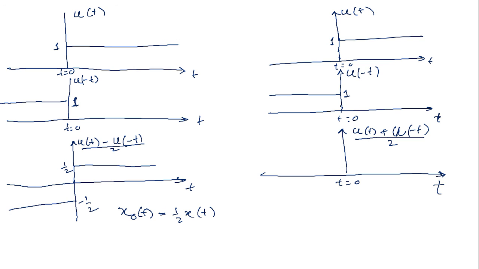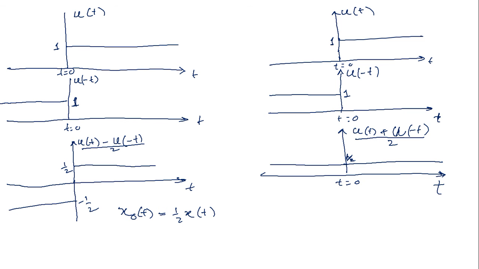Adding both and dividing by 2, 0 plus 1 is a half. Here also 0 plus 1, that is half.